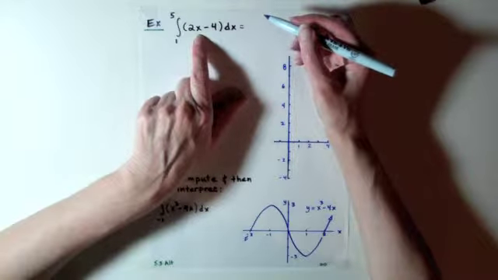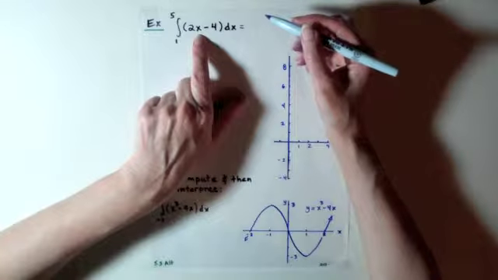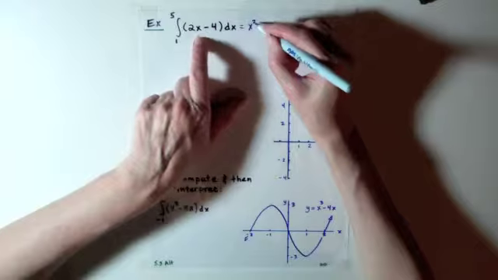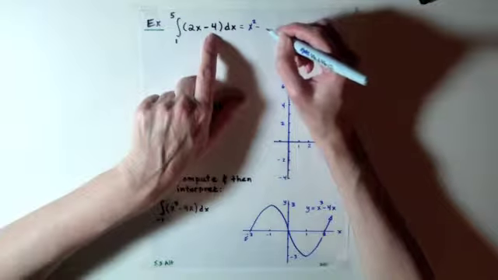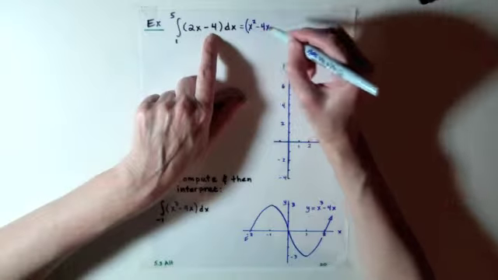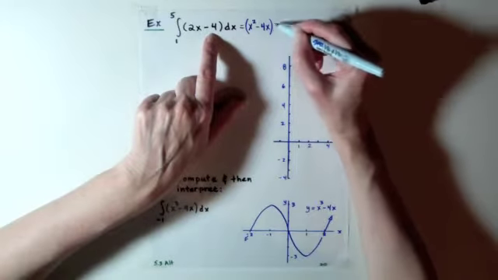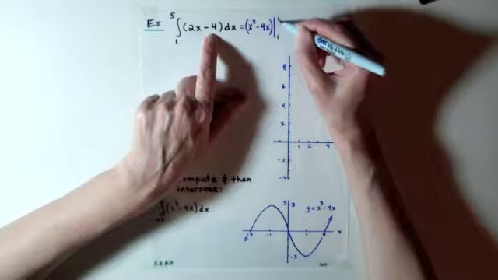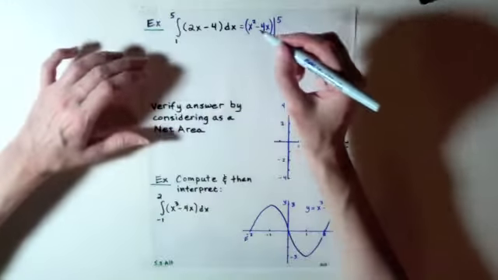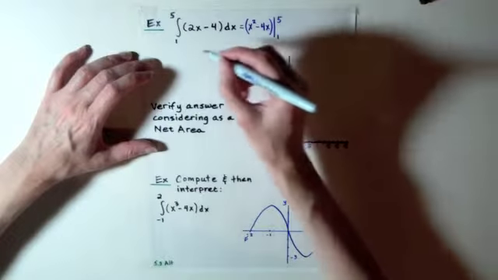Well, let's see. If I take the antiderivative of 2x, take the integral of 2x, I would get x squared. And when I integrate 4, I will get 4x. So that is an antiderivative, and I want to evaluate that from 1 to 5. Okay, that looks fine. So I'm going to go ahead and plug in my upper limit first.